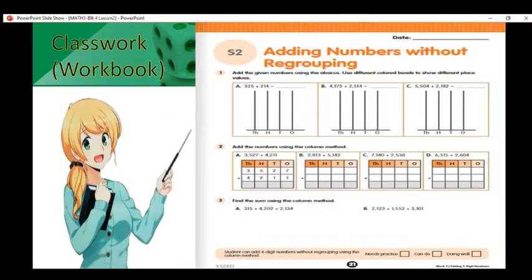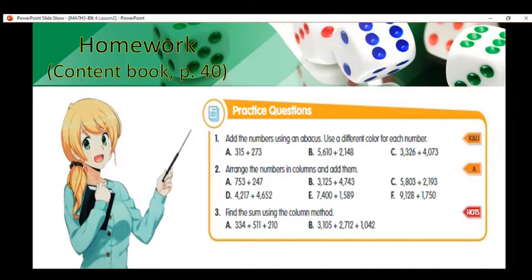So now that you know how to add numbers without regrouping, I want you to get your workbook and answer page 21, seat work number 2, adding numbers without regrouping. And do not forget to do your homework in your content book page 40, where you need to answer practice questions 1, 2, 3. Show your solutions in your notebook.